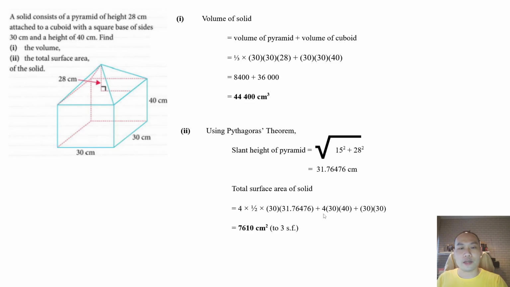And then, of course, we have 4 times 30 times 40. 30 times 40 is the side of the cuboid. There are 4 of them, all 4 sides are the same size, so multiply by 4. And finally, we have the base of the entire shape, which is 30 by 30. So add them all up, round off to 3 significant figures. We have 7,610 square centimeter for the total surface area.